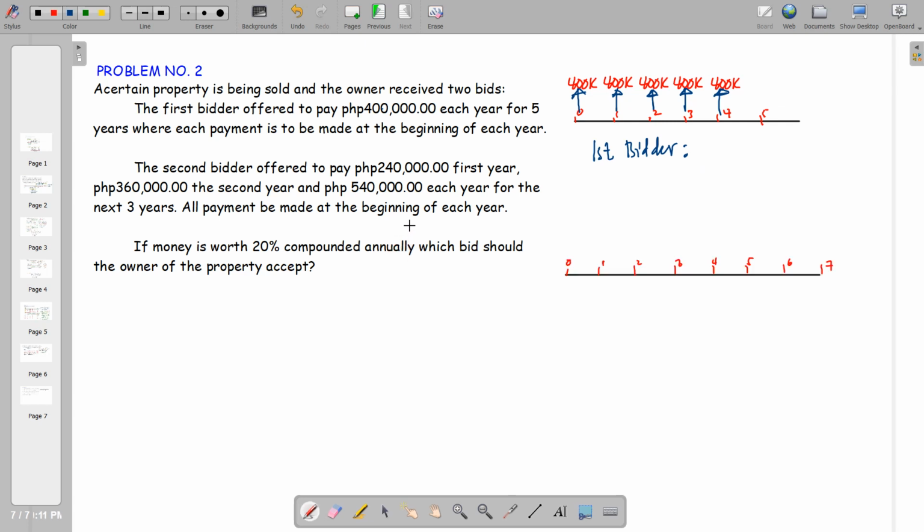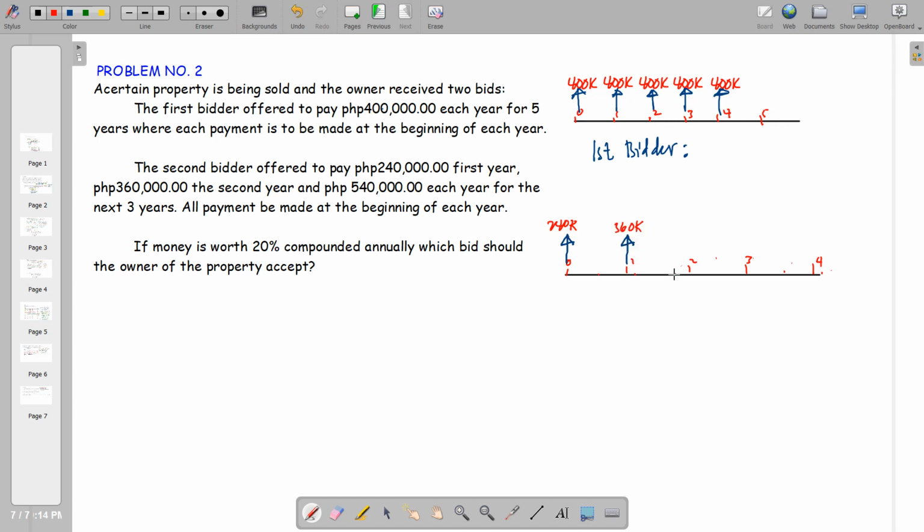So we take note on the offer of the second bidder that all payment should be made at the beginning of each year. So basically the first payment on the first year will occur at 0. So at 0 he offered to pay 240,000, at the beginning of the 0 period.